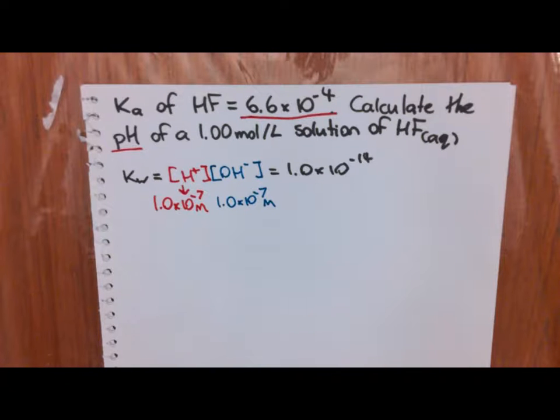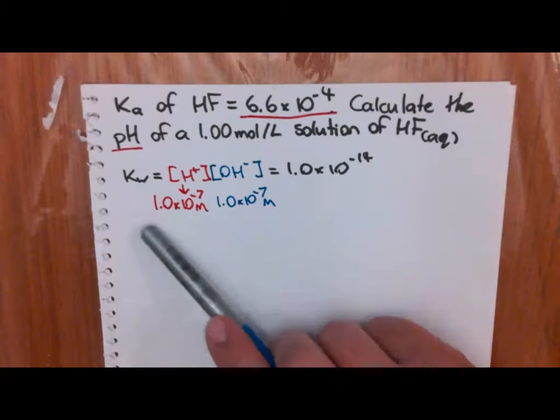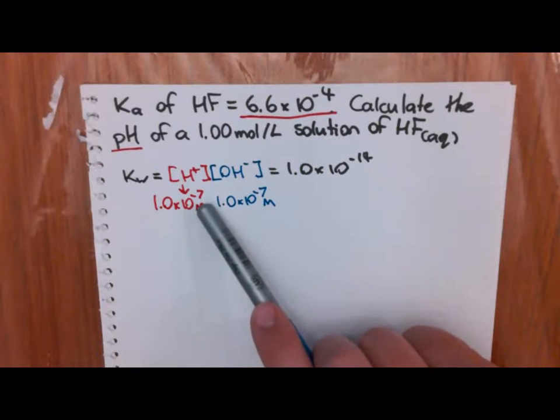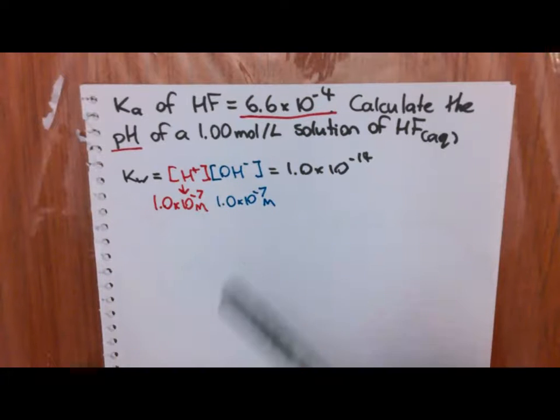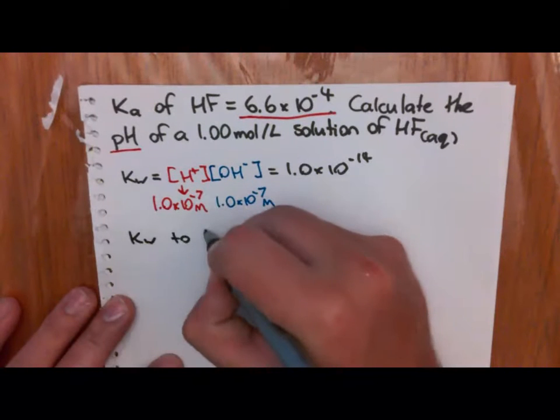So the very first thing that we need to look at is to make sure that water is not producing a significant amount of H plus ions, because if it is, we have to consider that these ions are going to be produced. So what we will typically do is just compare our Kw to our Ka.